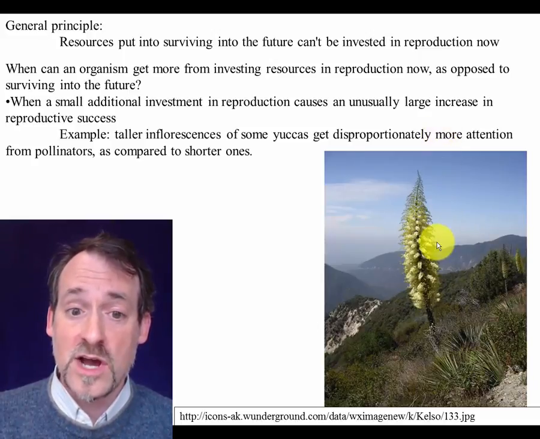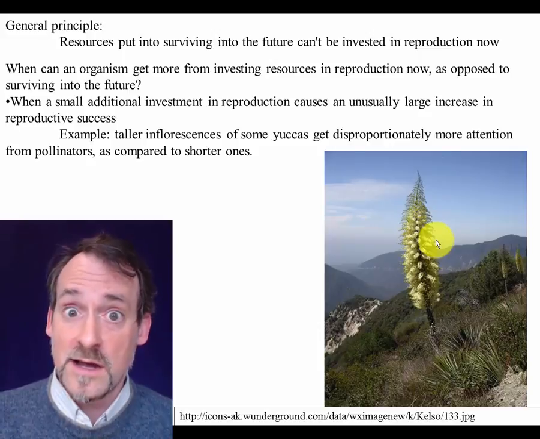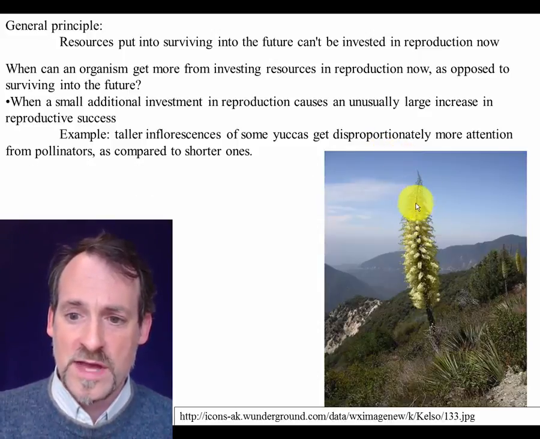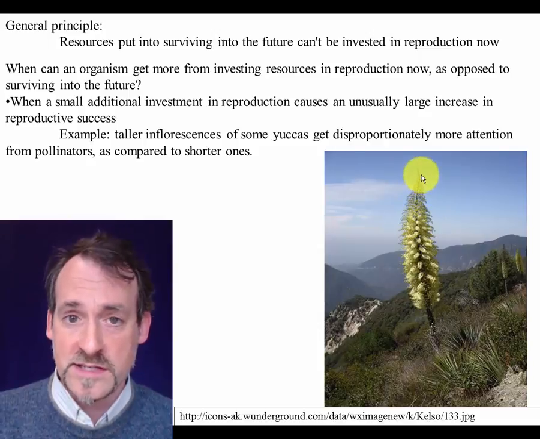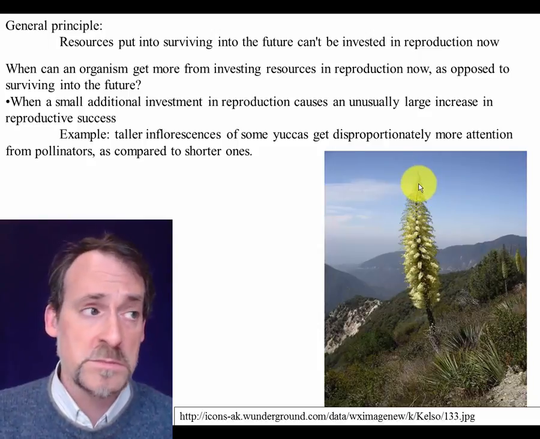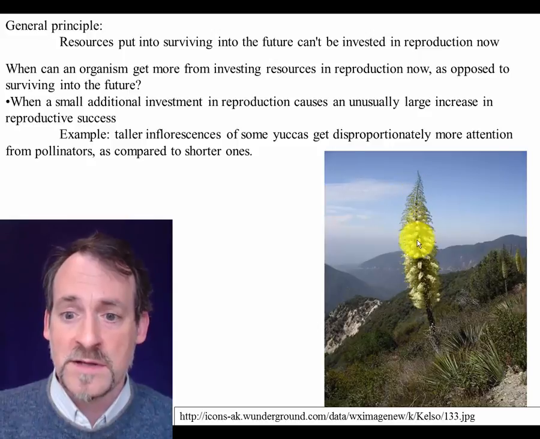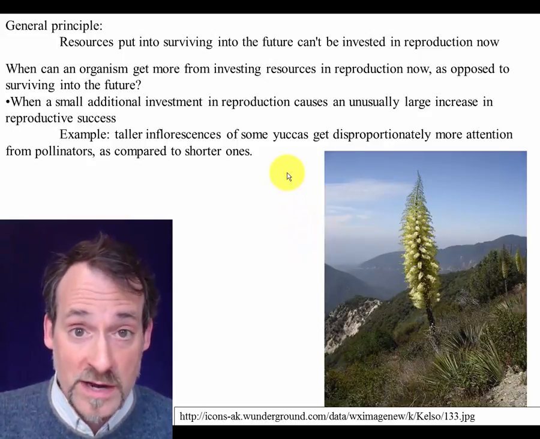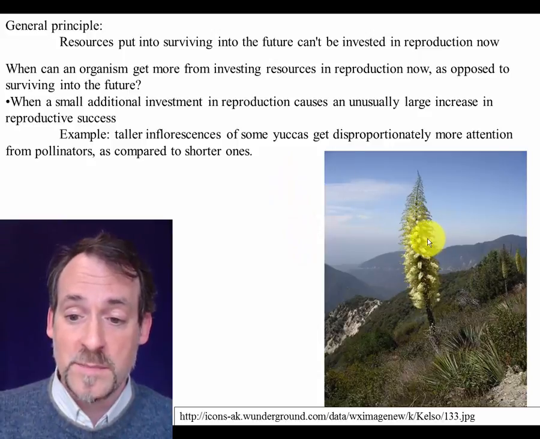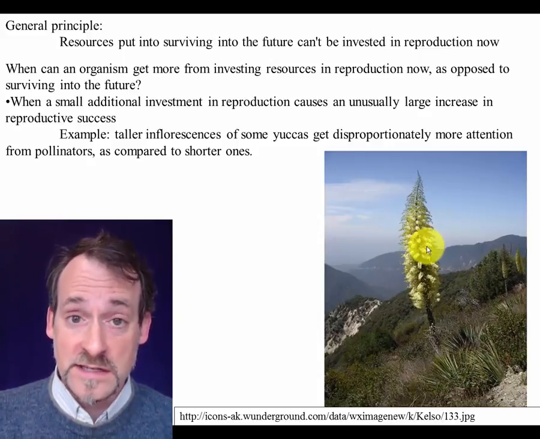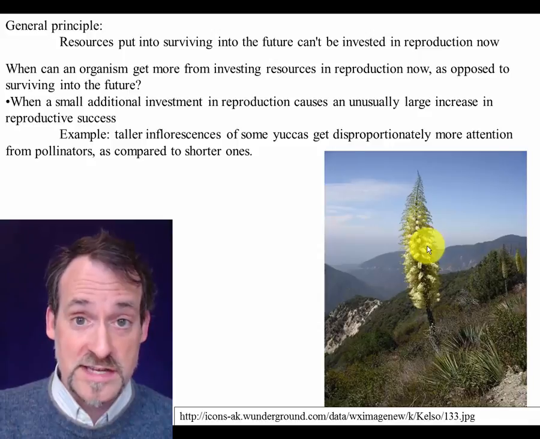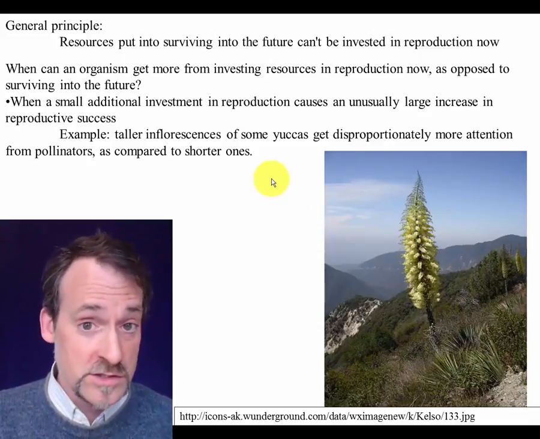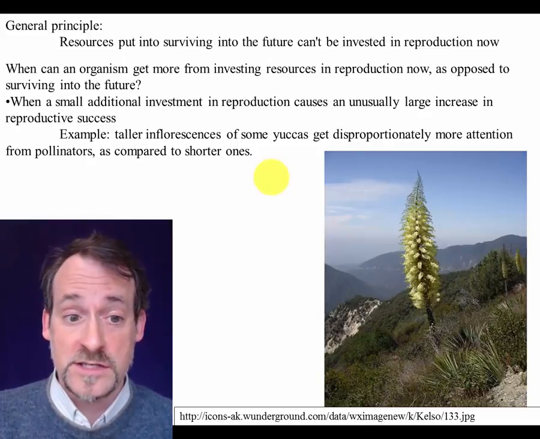This is because these taller stalks get a lot more attention from pollinators. So by just increasing the height of this inflorescence by a few inches, this yucca increases its reproductive success by a considerable amount, enough to make the payoff worthwhile, even if it's using the last resources it has, the resources that it could have used, in other words, to survive to the next year.